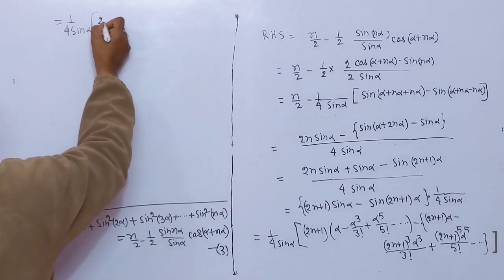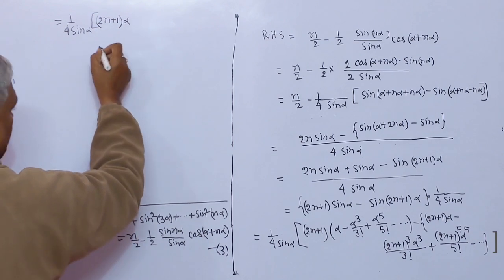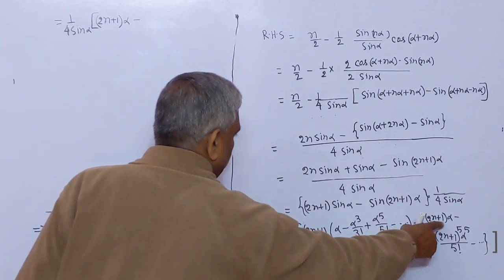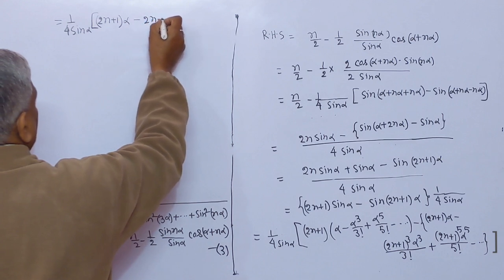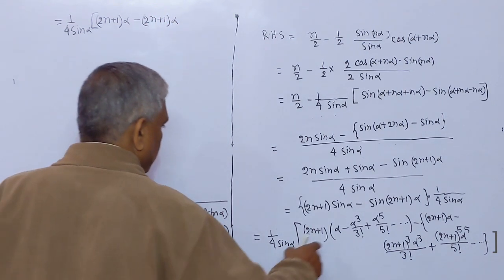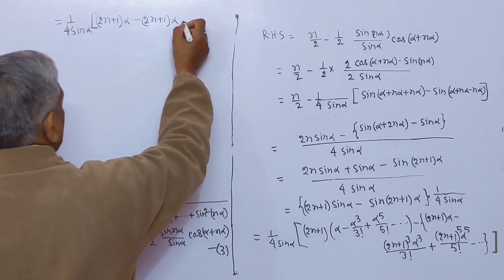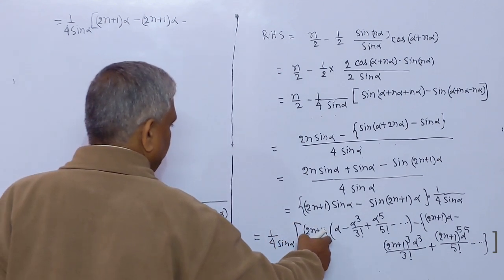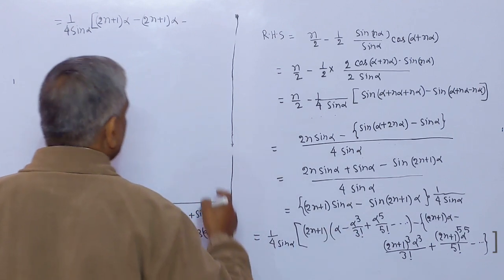Here (2n plus 1) alpha minus, from the second bracket we get (2n plus 1) alpha. From the first bracket we get minus, we take common (2n plus 1) alpha cube by factorial 3.